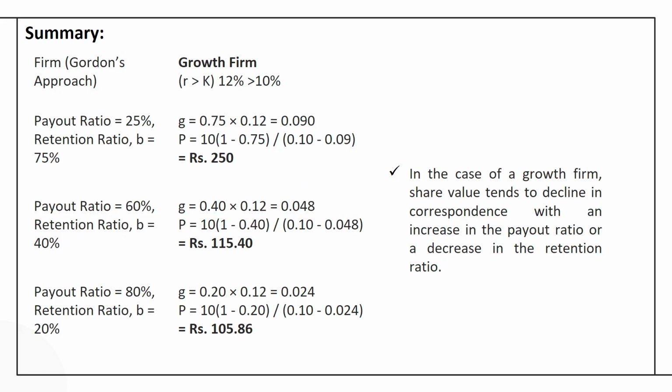So, this is the summary table where we can conclude about the optimum payout ratio for a growing firm based on Gordon's proposition that there exists a relationship. Yes, in the case of a growth firm, share value tends to decline with an increase in the payout ratio or a decrease in the retention ratio. So, this table would give you a bird's eye view of what happens to the value of the firm when there are different cases of paying dividend and retaining the profit.